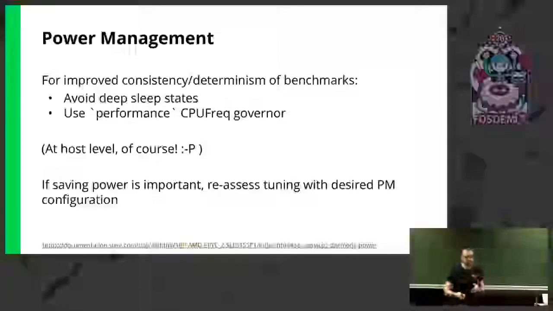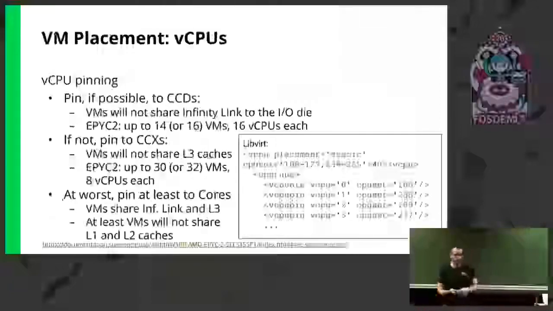Then it depends whether this is okay for your actual goals, or if saving a little bit more power is important, and if it is, you have to reassess the tuning and rerun the benchmarks with the proper power management configuration that you want to have, let's say, in production.